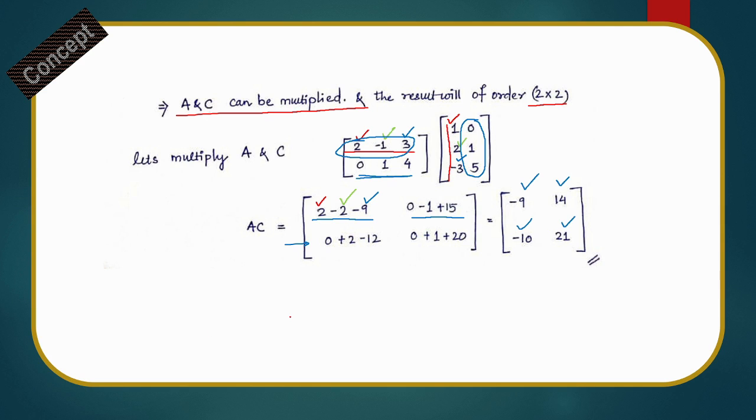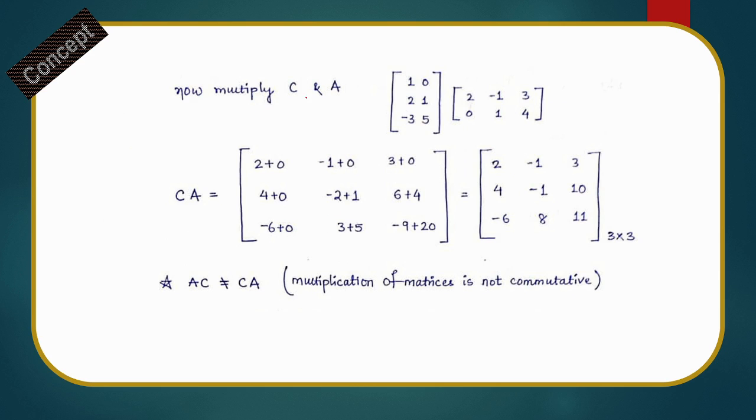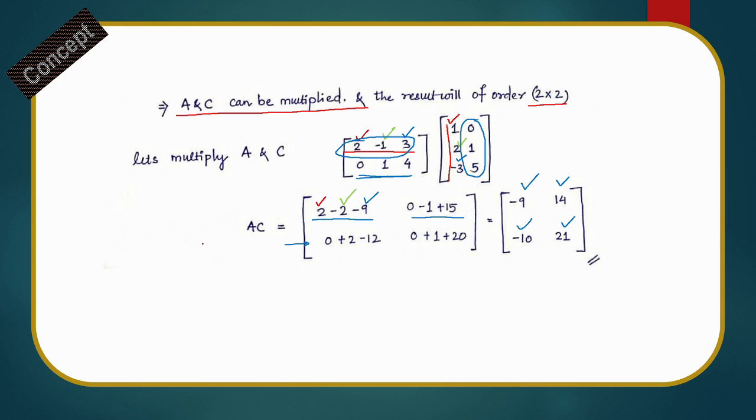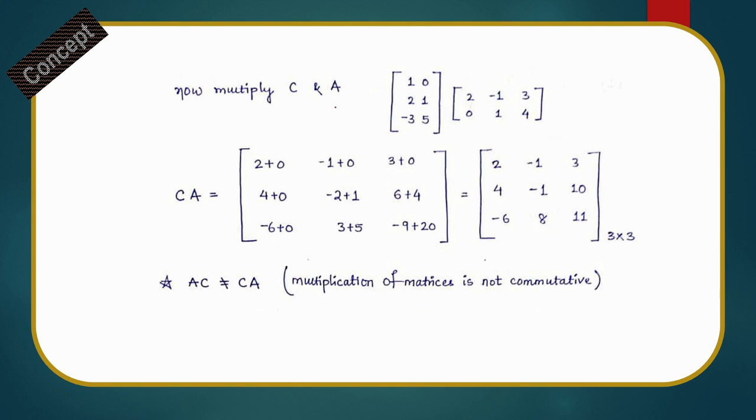So let's move on. Now multiply C and A. Before, we multiplied A and C. Now we want to multiply C and A. Let's see whether C and A are multiplicable or not. C is of order 3 cross 2 and A has the order of 2 cross 3, 2 rows and 3 columns.